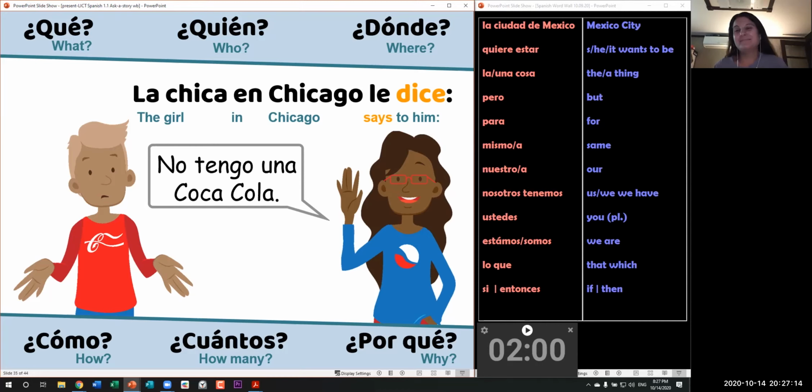Para buscar, so to look for, para buscar un iglú. Voy a supermercado de iglús. Es casi correcto. It's almost correct. Porque tú vas a 7-Eleven.